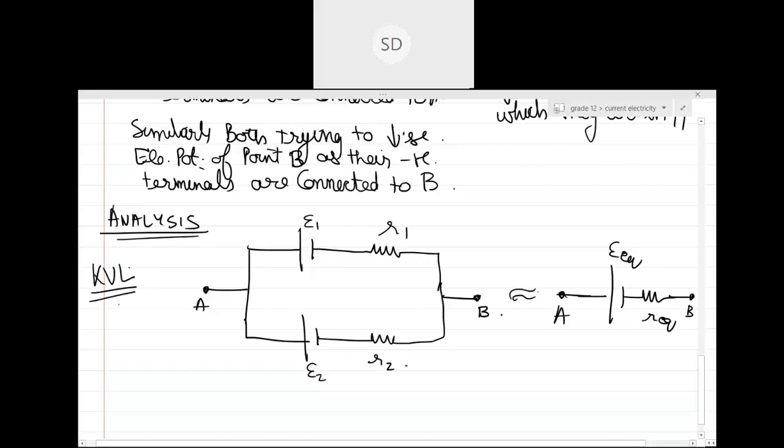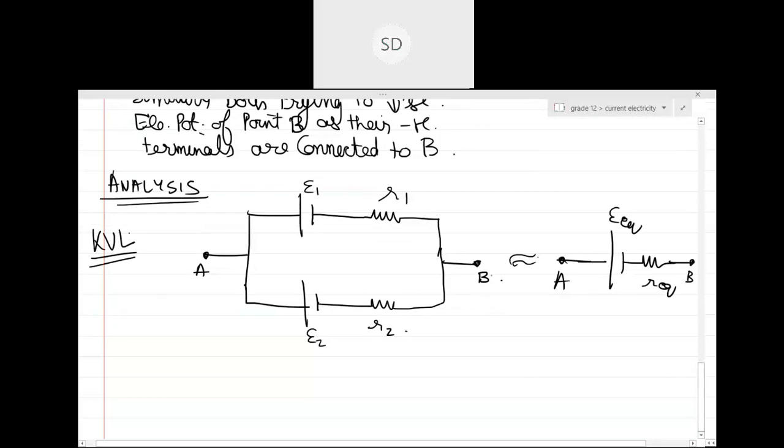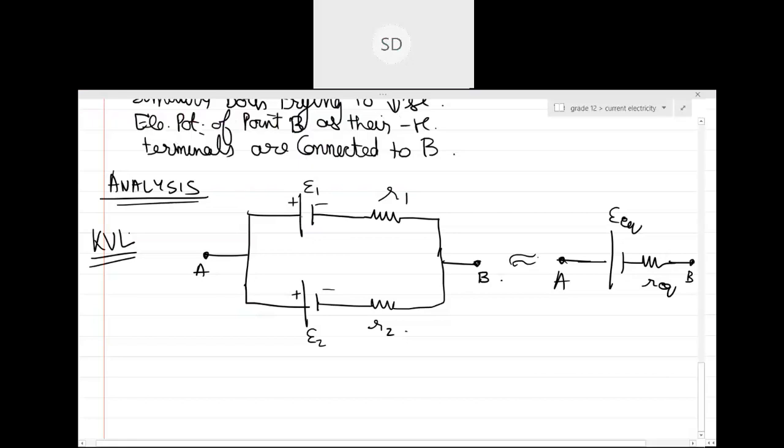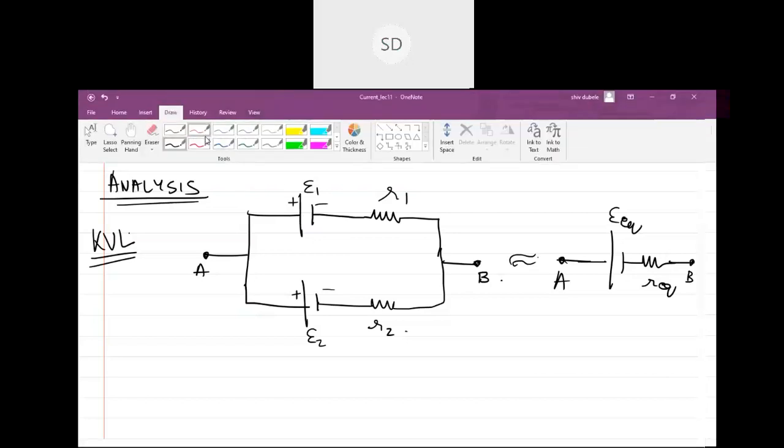Tell me, can you see any loop in the circuit? Can you see any loop which has formed? Where is the loop? Can you see this loop? So can I say within this loop there will be certain current flowing? Yes.